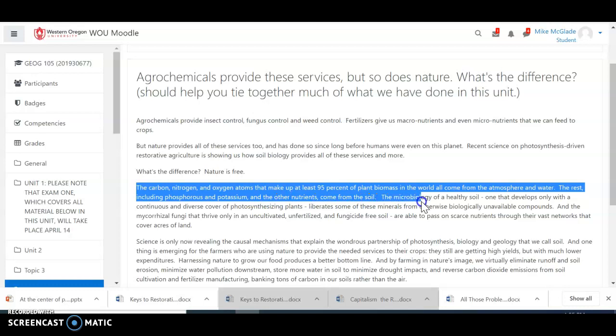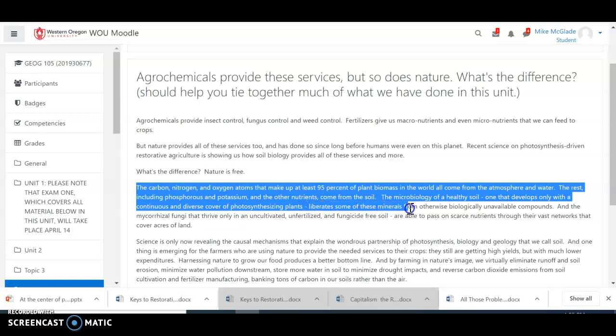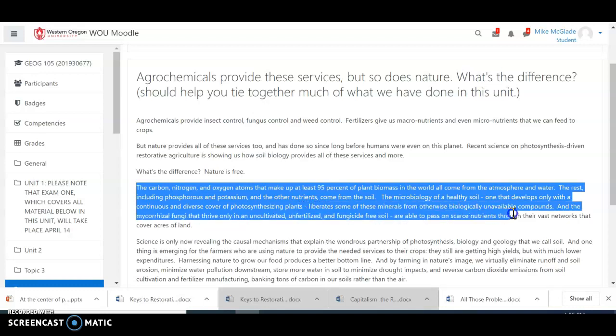The microbiology of a healthy soil, one that develops only with a continuous and diverse cover of photosynthesizing plants, liberates some of these minerals and otherwise biologically unavailable compounds. And the mycorrhizal fungi that thrive only in an uncultivated, unfertilized, and fungicide-free soil are able to pass on scarce nutrients through their vast networks that cover acres of land, okay?